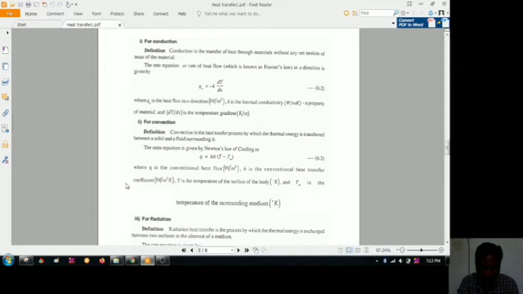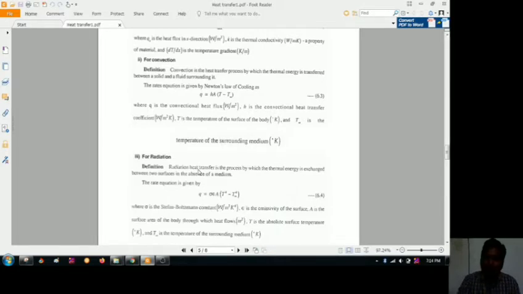Here Q is the convective heat flux, that is watt per meter square, and h is the convective heat transfer coefficient, that is watt per meter square Kelvin. T is the temperature of the surface of the body in Kelvin, and T infinity is the temperature of the surrounding medium. So we need to know the temperature of the surrounding medium also.